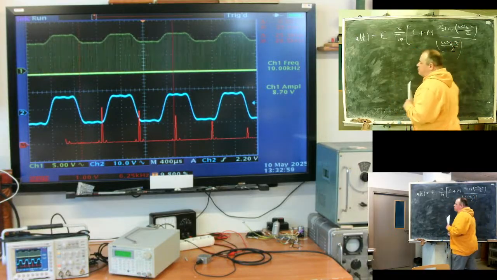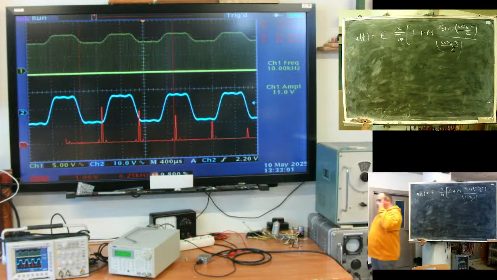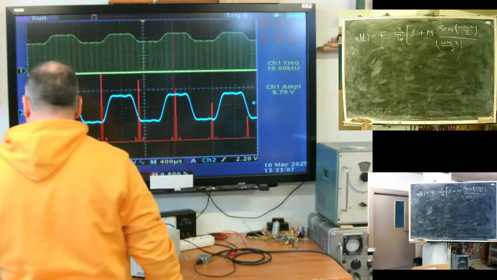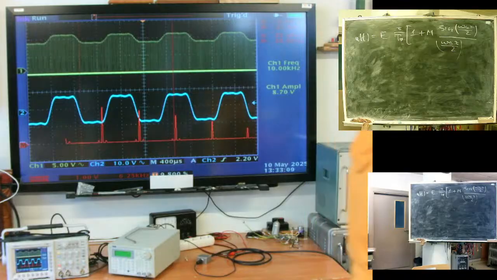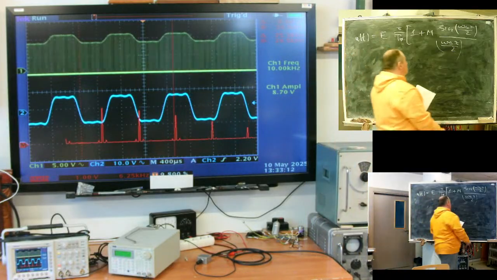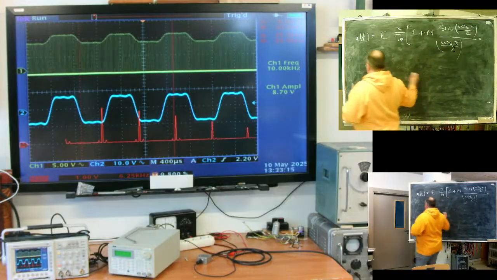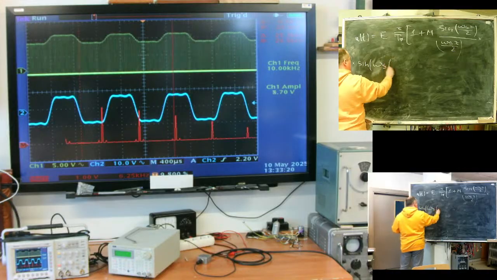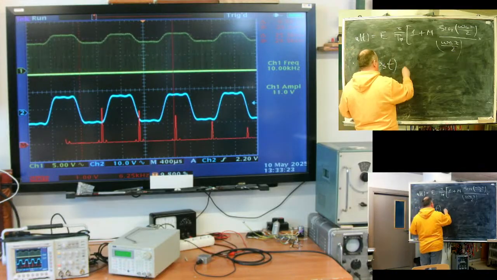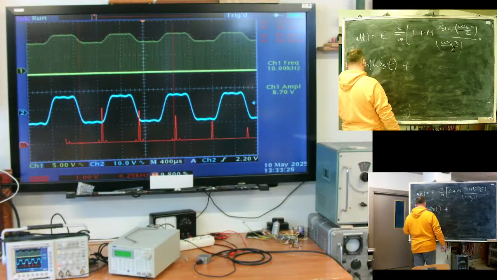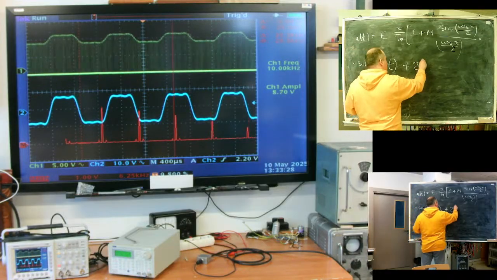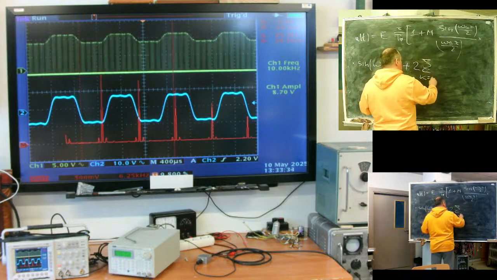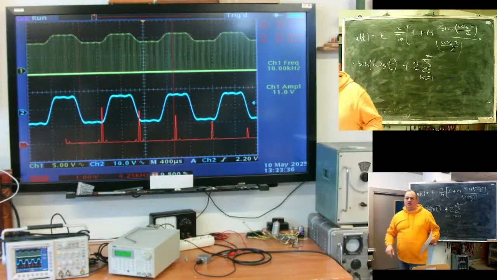I'm taking the simplest possible one, single tone signal at input of sample hold unit, multiplied by sine omega s, plus double A. Who's writing sum like this? From 1 to infinity.